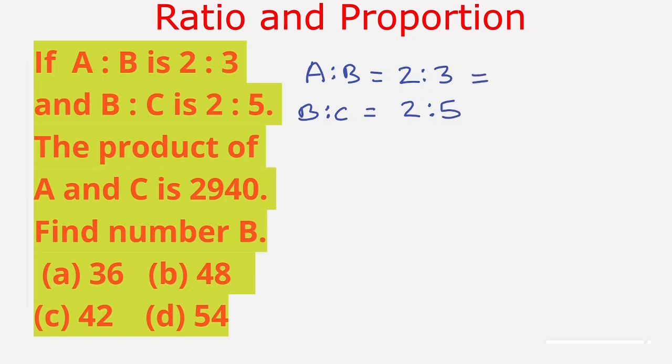Therefore in A ratio B we multiply the ratio by 2, so it becomes 4 ratio 6. 2 times 2 is 4 and 3 times 2 is 6. And in B ratio C we multiply it by 3, so it becomes 6 ratio 15. 3 times 2 is 6 and 3 times 5 is 15.